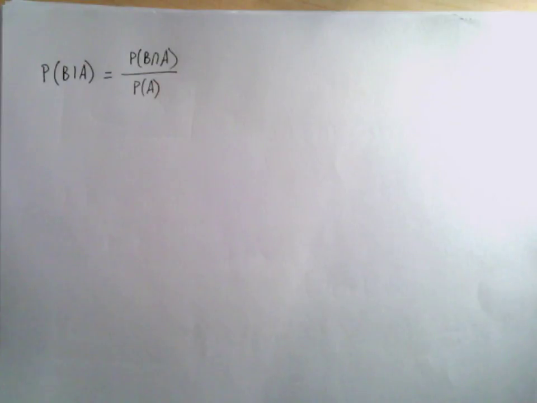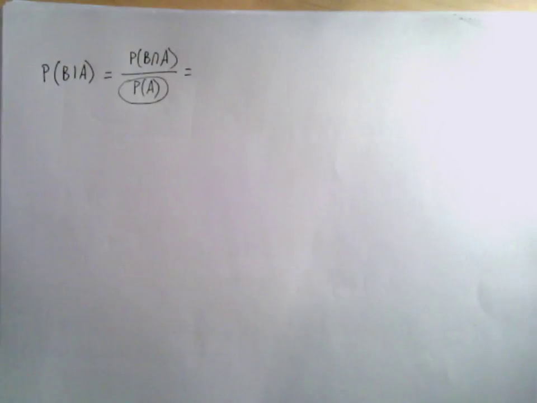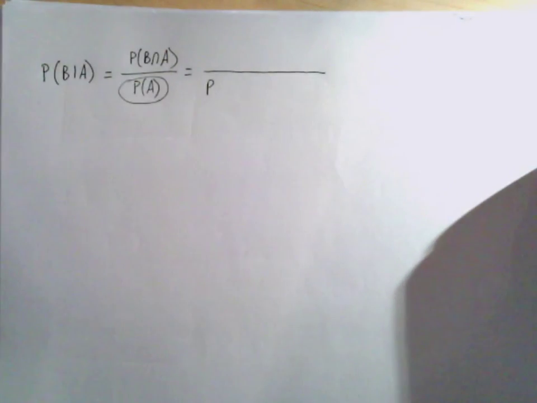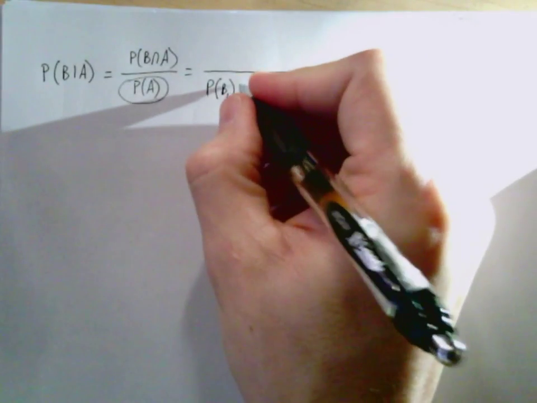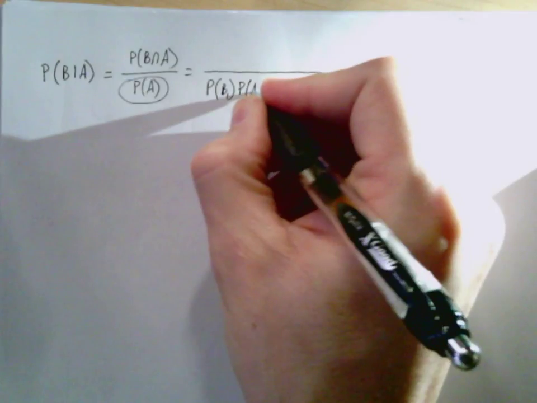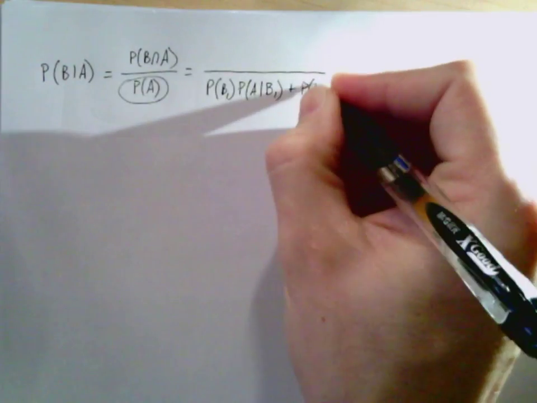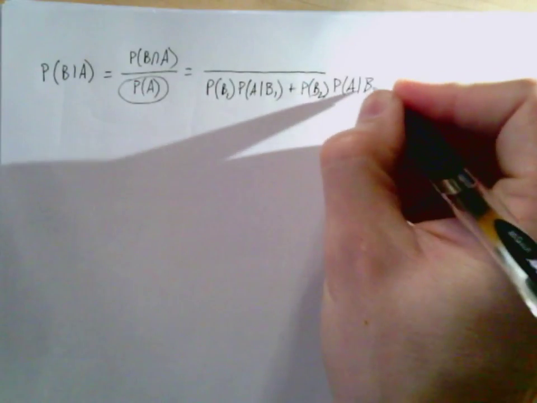Now we're going to make some substitutions. We just learned that the probability of A is the combination of all these variety of probabilities, right? We said it was the probability of B1 times the probability of A given that B1 happened, plus the probability of B2 times the probability of A given that B2 happened.